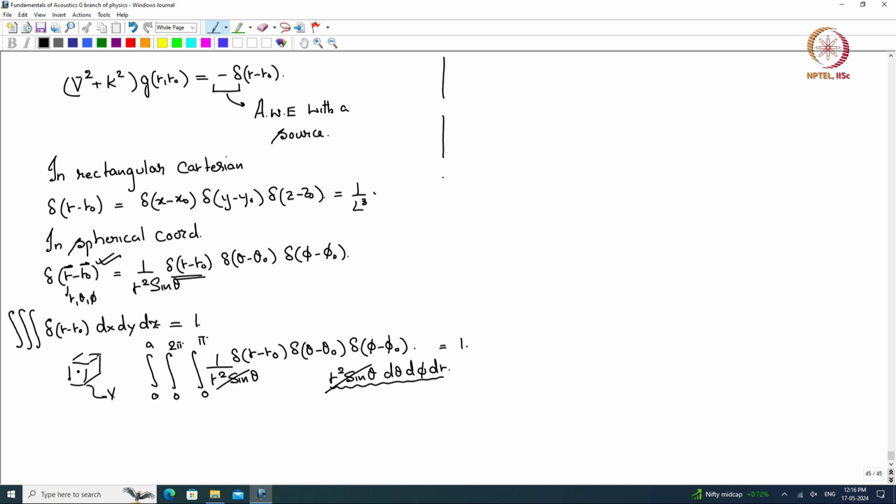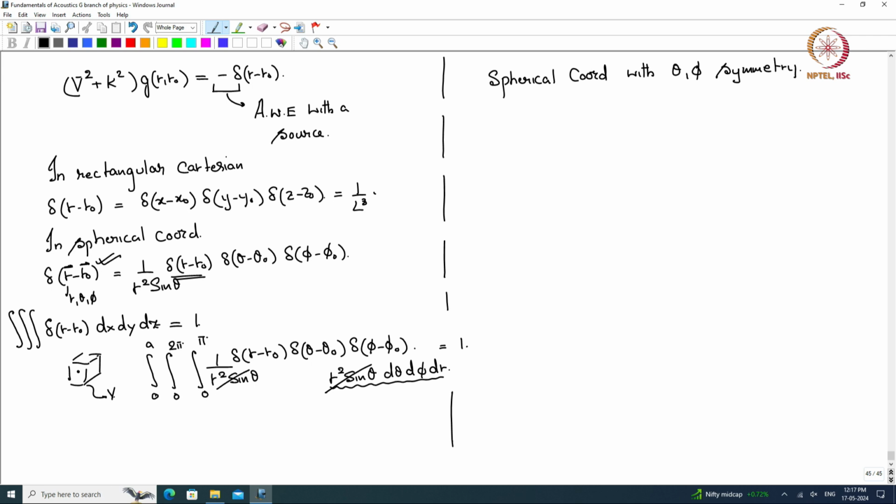Now, what I have here is, I will go to spherical coordinates with θ φ symmetry.